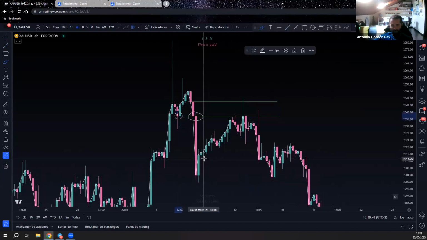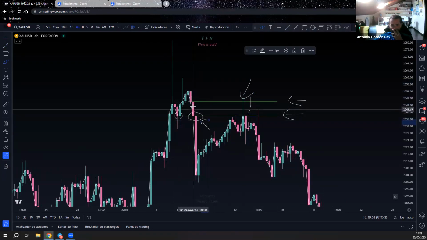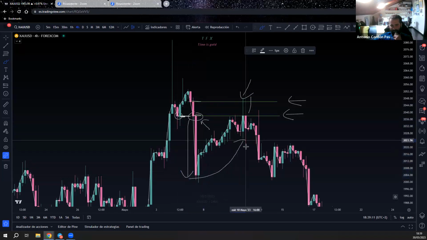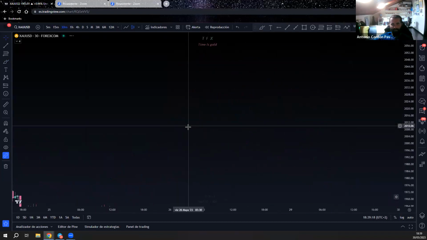So I try to find a rejection like this, for example, at these two levels, but mainly at this one, because this gap doesn't break anything, but this one breaks this SNR. Then we have a beautiful retracement, and then we continue to the downside. Let's try to find gaps in H1.